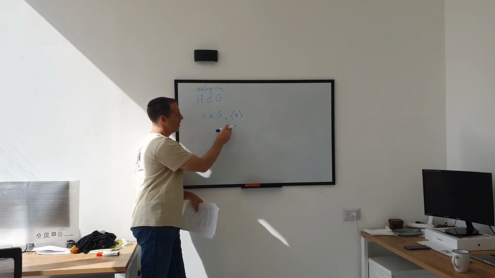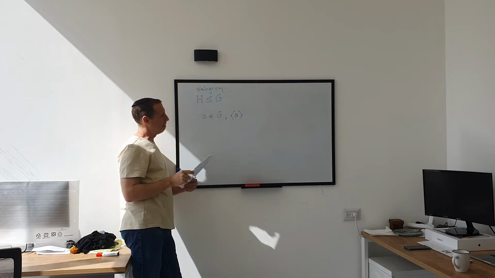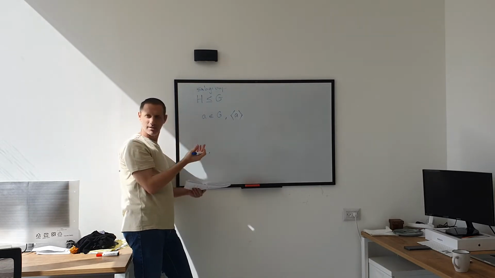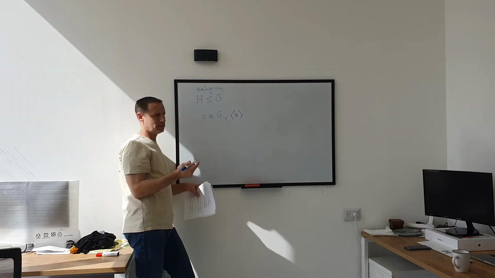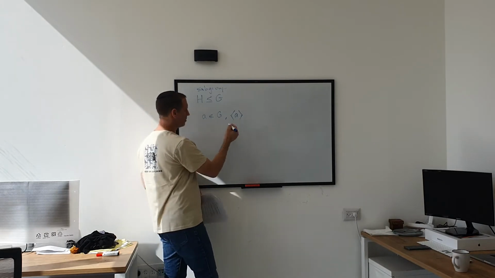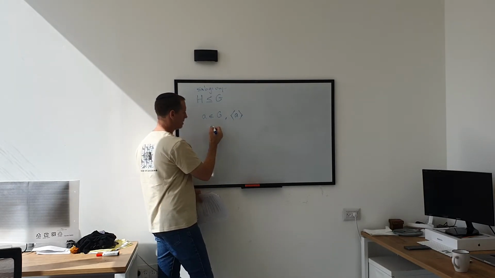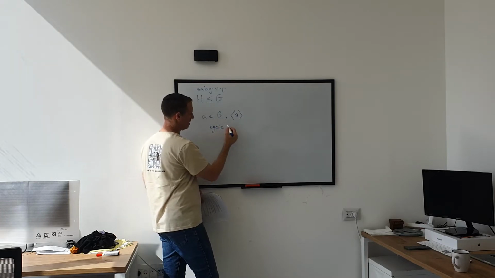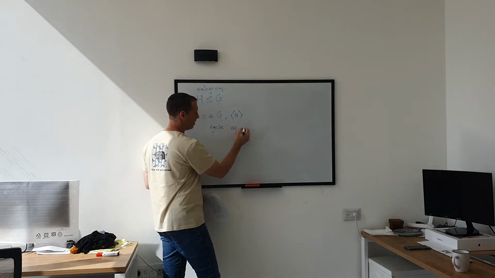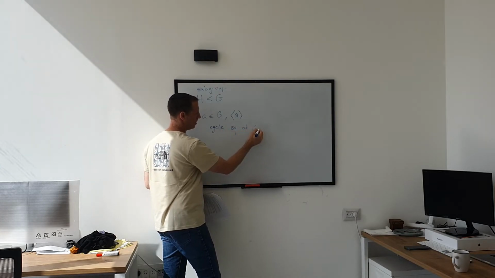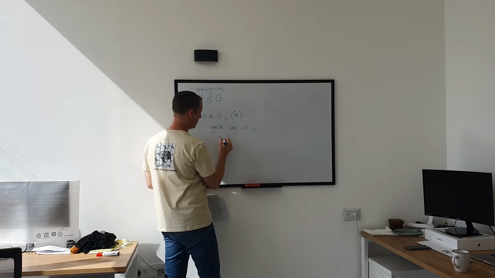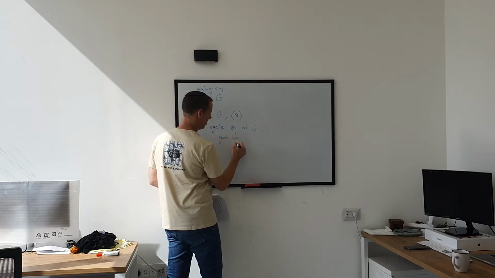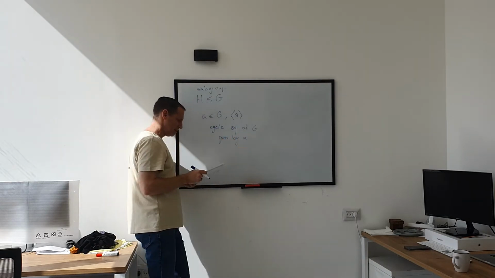So if we take all the powers of A, this creates a cyclic group. So this would be the cyclic subgroup of G generated by A. Okay, and it's pretty standard.